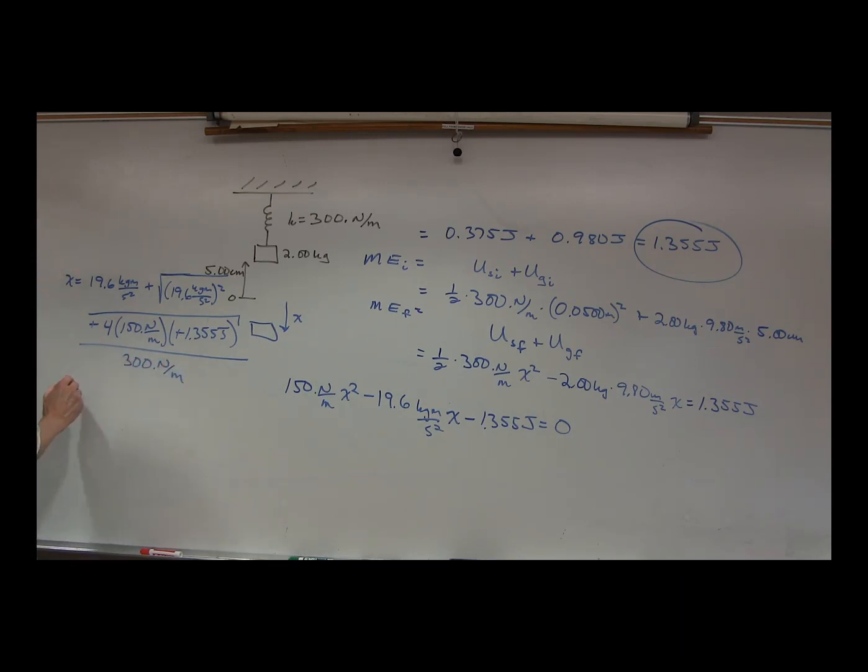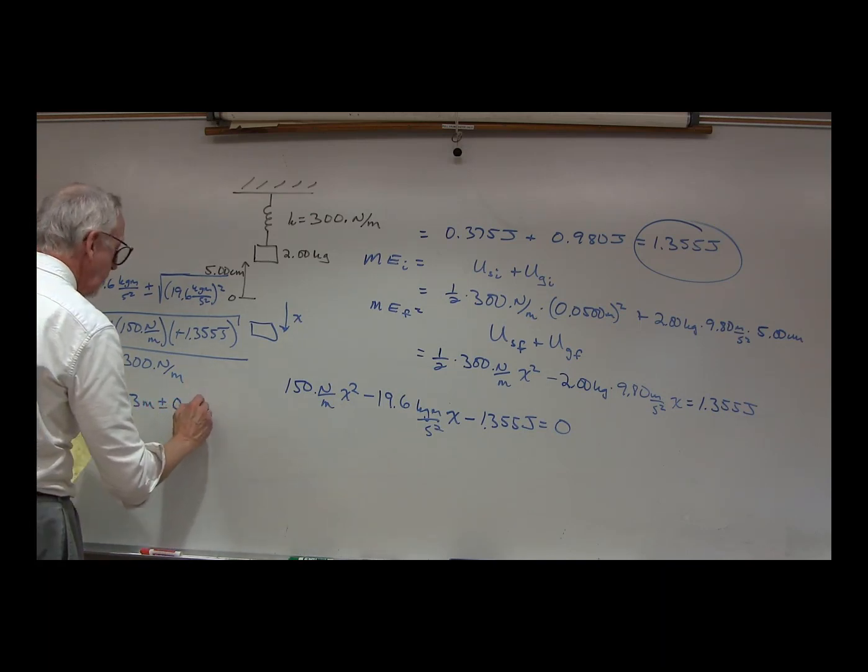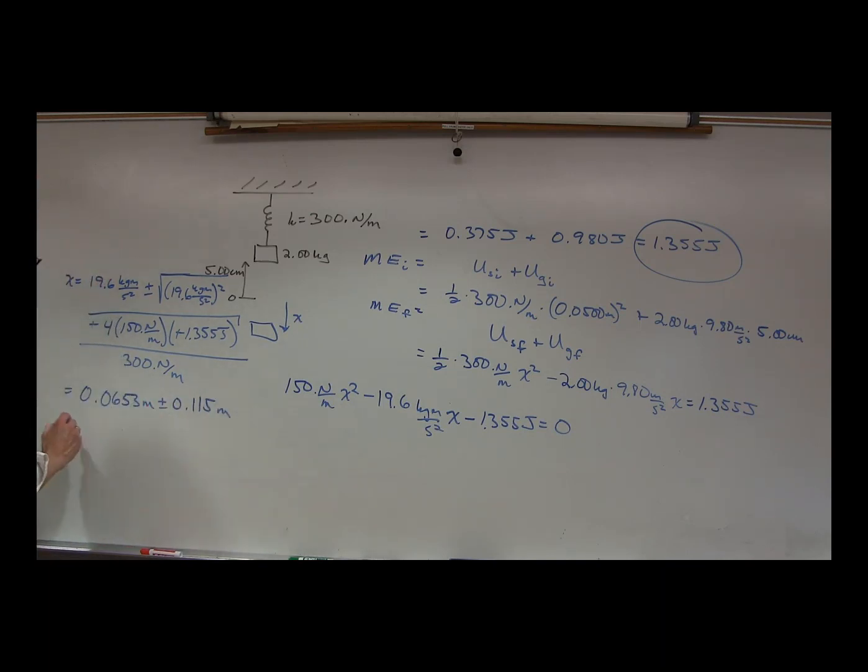Doing the first term, this is plus or minus. So this over the 300 newtons gives us 0.0653 meters. And then plus or minus the square root term over the 300 gives us 0.115 meters.